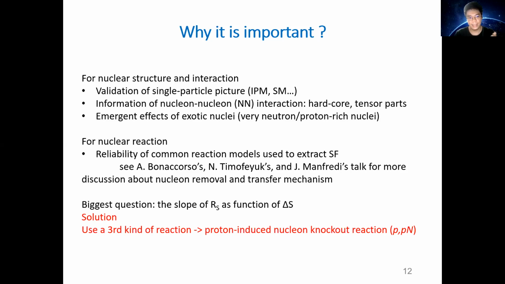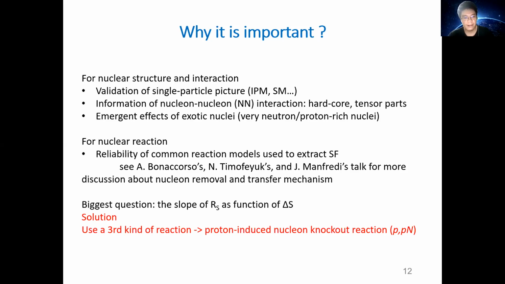But for nuclear reactions, it has a very important impact, because both nucleon removal and transfer reactions have been used a lot to extract spectroscopic factors. And from the results that I previously showed, it's very clear that one of them fundamentally has some problem with the capability to extract spectroscopic factors.